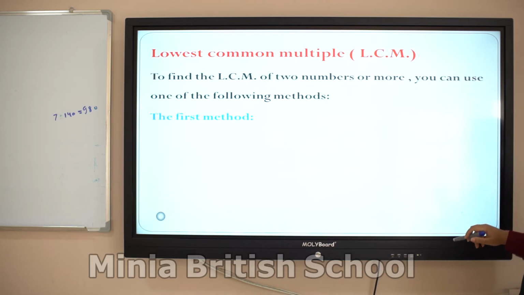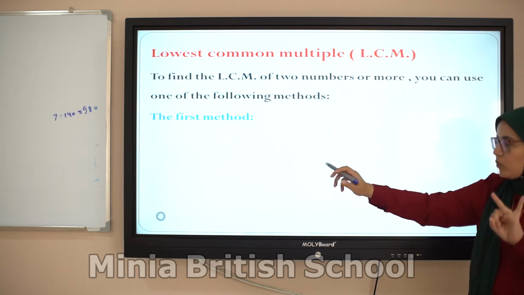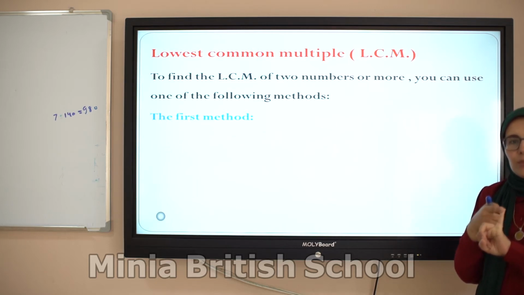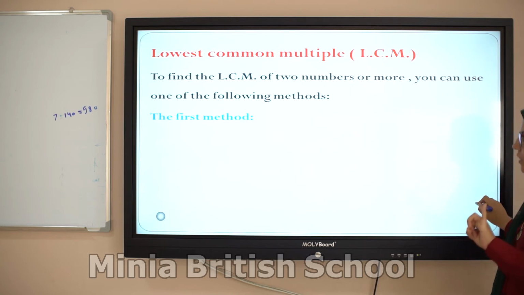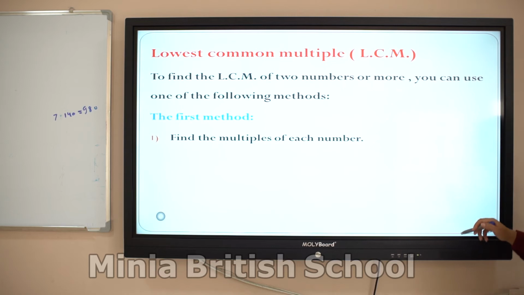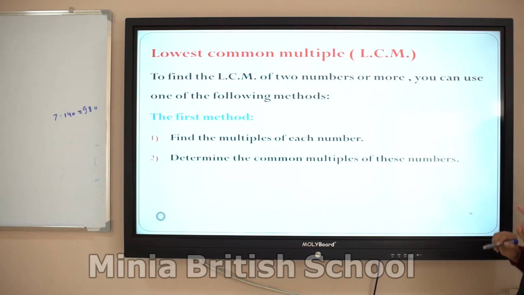To find the lowest common multiple of 2 or more numbers, you can do one of the following. Here we have 2 methods. The first method: the first step is to find the multiples of each number. The second step is to find the common multiples of these numbers.